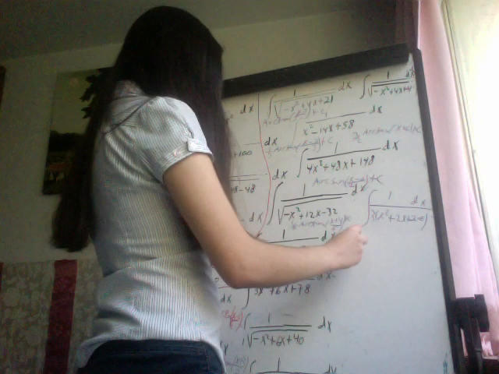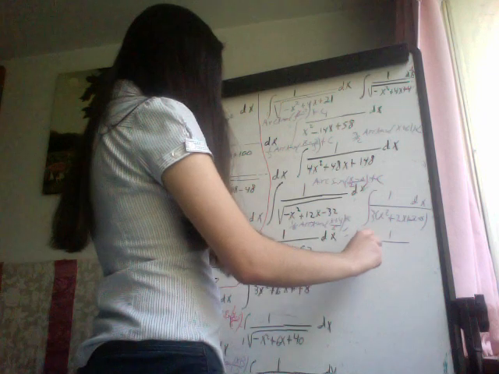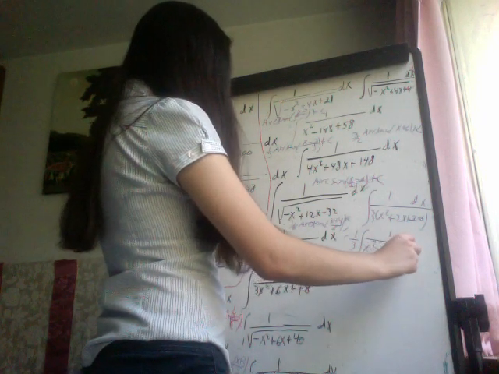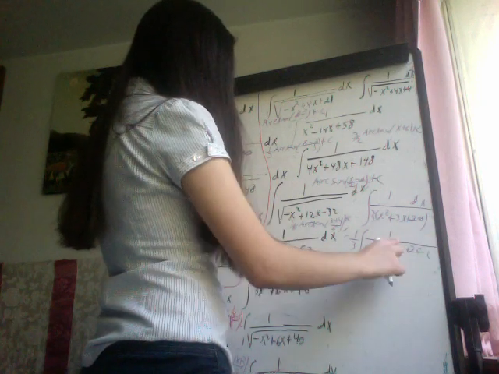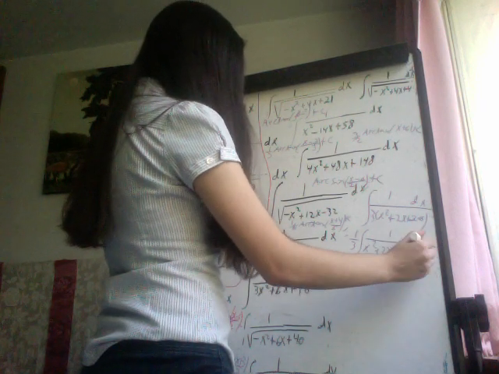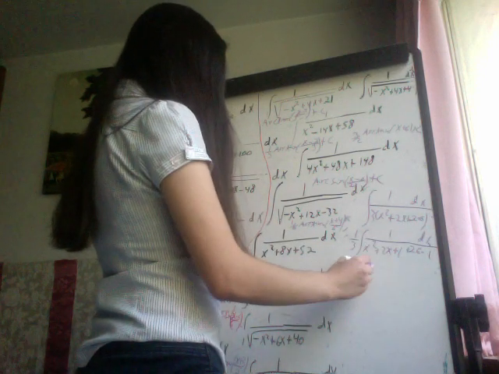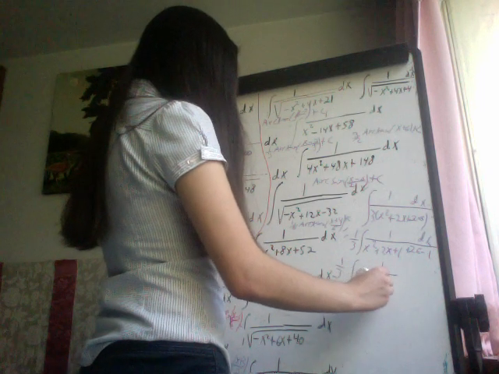So this is 1/3 of the integral of 1 over x squared plus 2x plus 1 plus 26 minus 1 dx. So 1/3 of the integral of 1 over (x plus 1) squared plus 25 dx.